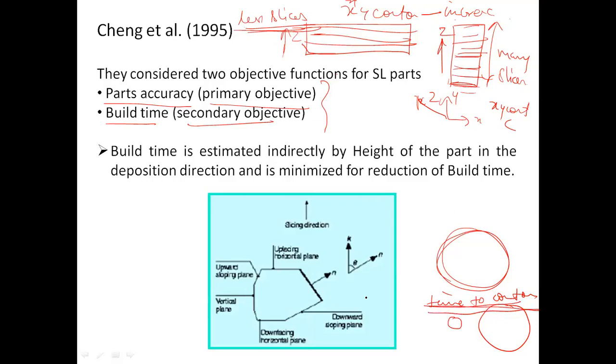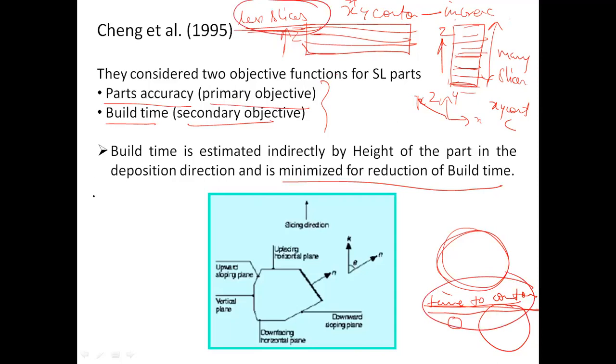So the minimization of build time is dependent not only on the number of slices that you generate, but also on the time taken to contour each and every layer.